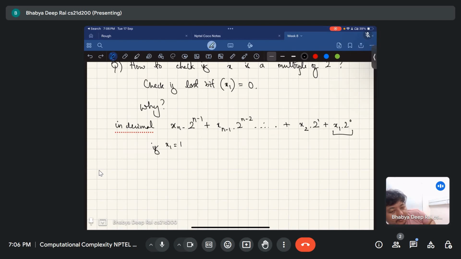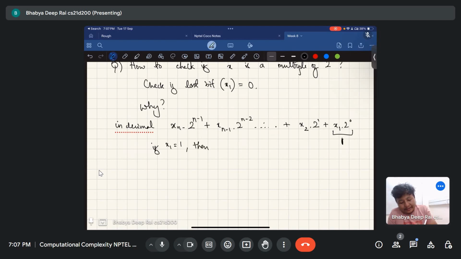All I need to do is check whether it leaves a remainder on dividing or not. So what do I do? If x1 is 1, then this 2 to the 0 term will leave a 1, which is strictly less than 2, and this will be left off as something that I cannot divide, and this will be my remainder.